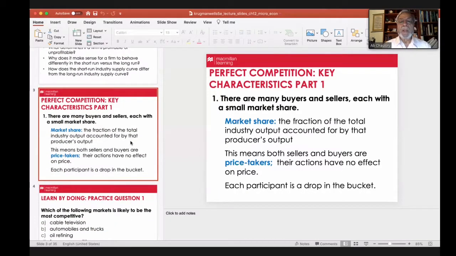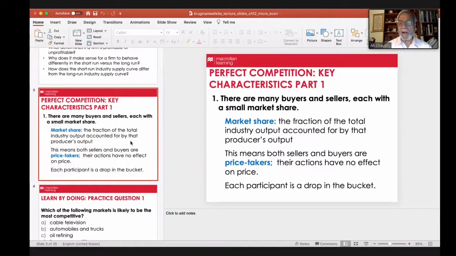Okay, so there are three characteristics that I'm going to go over that will define a competitive market. First, in such a market, there is a very large number of buyers and sellers. And there are so many buyers and sellers that no one has a big share to have a large influence.